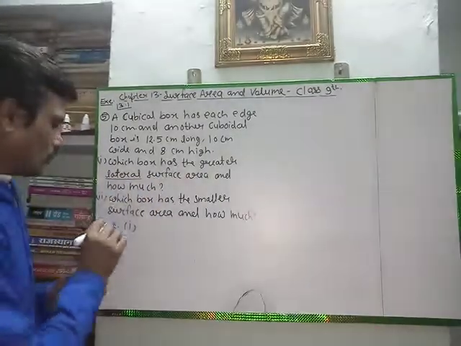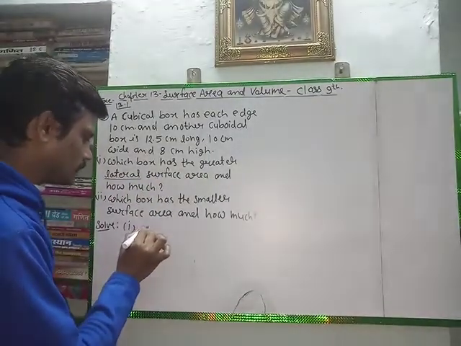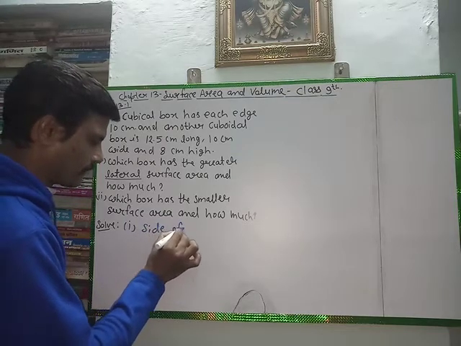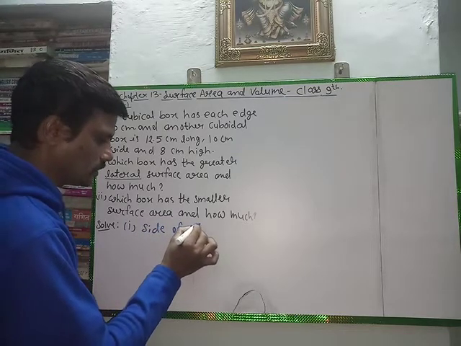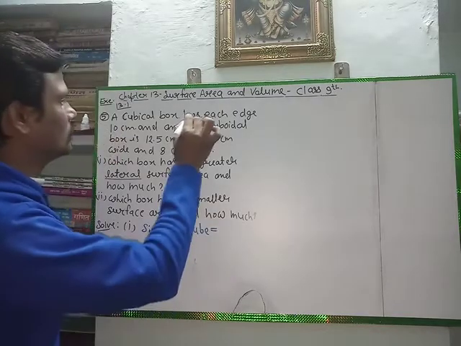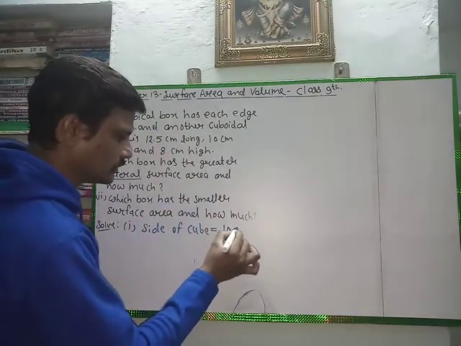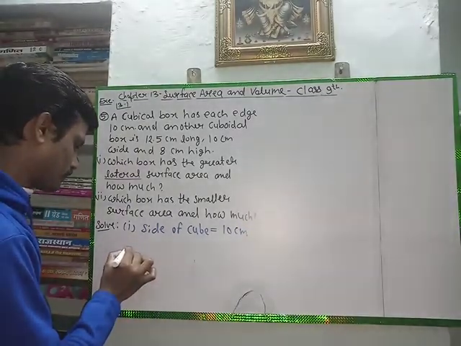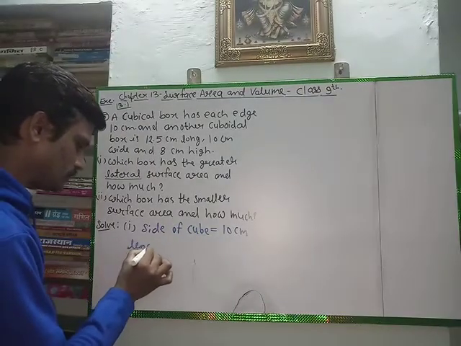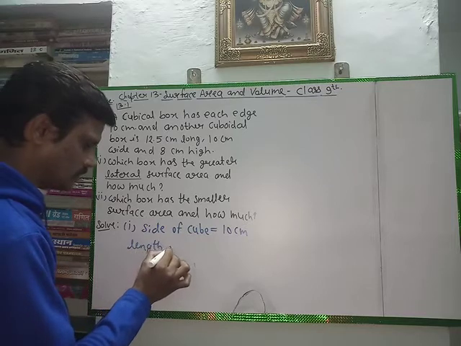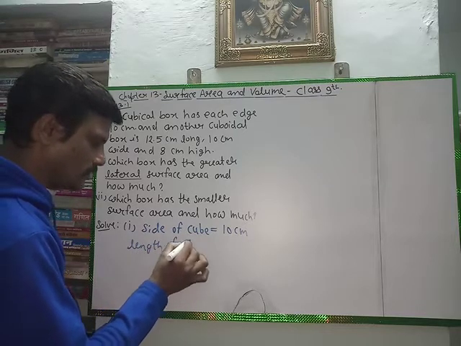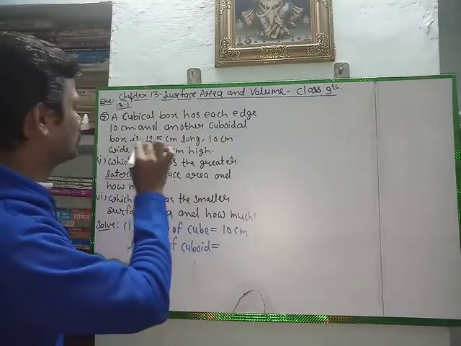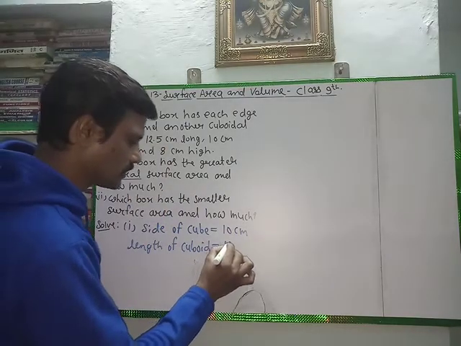ठीक है, so write down the side of cube is equal to 10 centimeter. ठीक है, length of cuboid is equal to 12.5 centimeter.